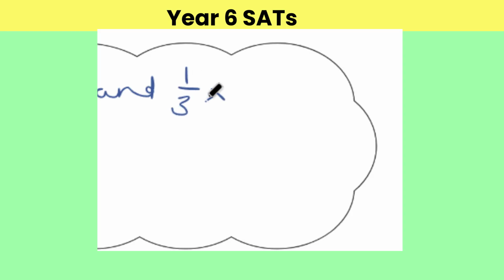And move over. 1/3 times 7/8 is 1 times 7 is 7, 3 times 8 is 24.